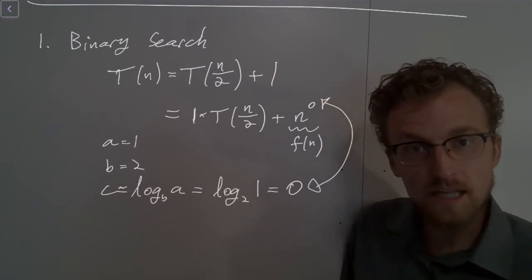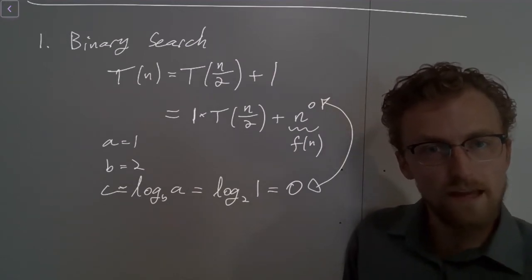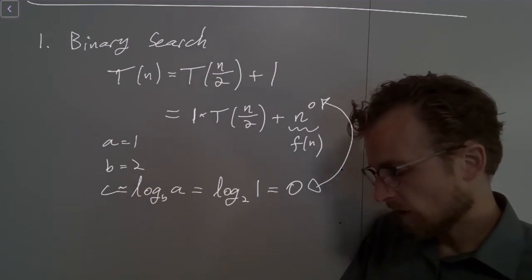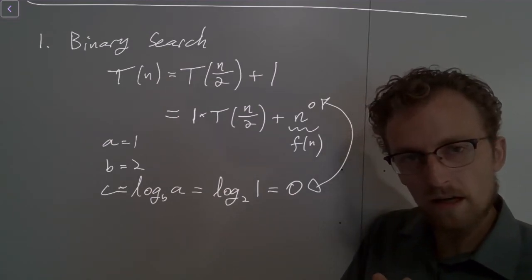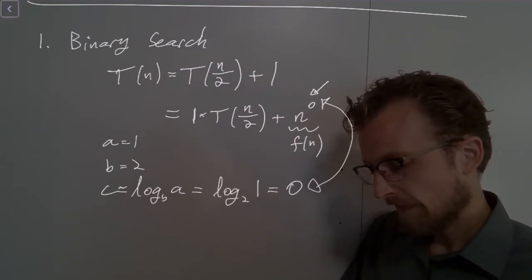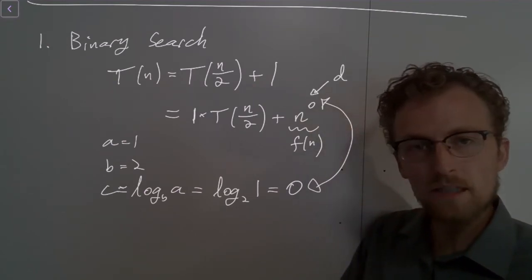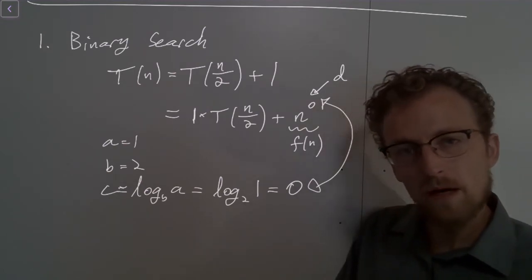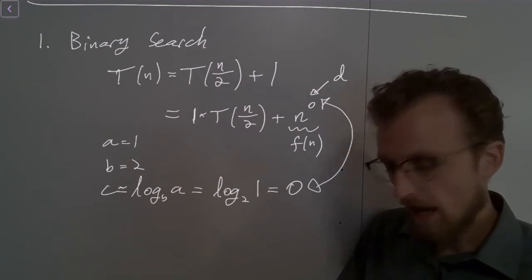Okay, so this is a slightly more advanced way of thinking about it. A simpler way of thinking about it is just to take a look at this expression. Let's call the exponent that f of n has d. And then let's compare b to the d with a.